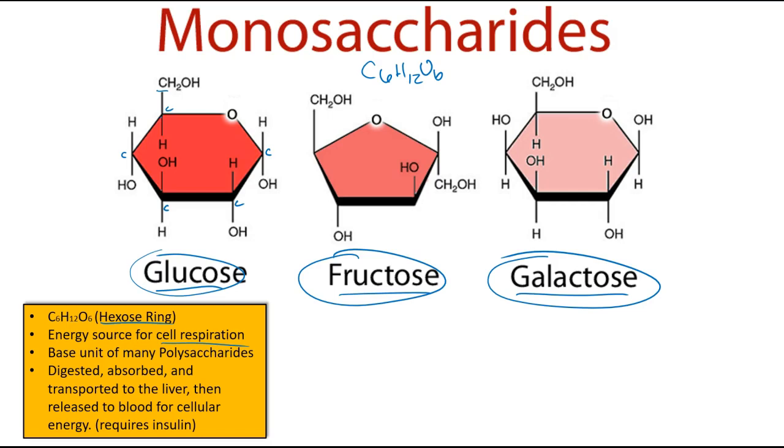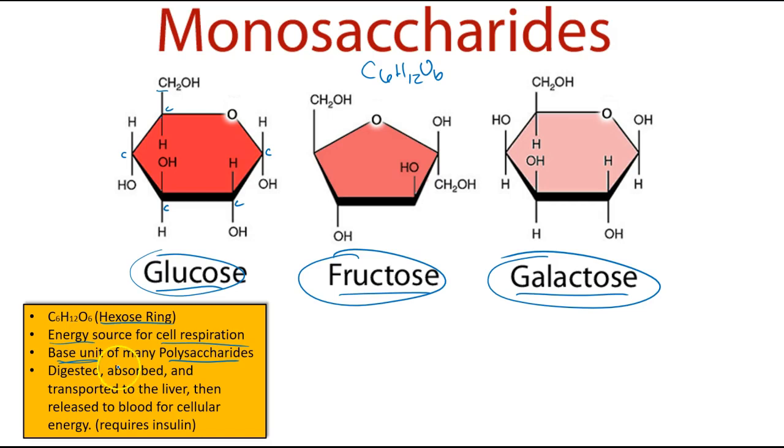So glucose is the main energy source for the conversion of ADP to ATP during cell respiration, and it's also one of the most important base units for many of the complex polysaccharides that we're going to talk about later in this video. There are a lot of them. We're going to focus on 3: starch, glycogen, and cellulose.